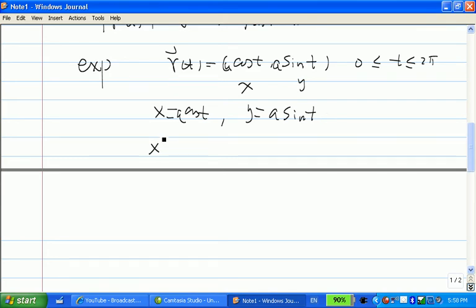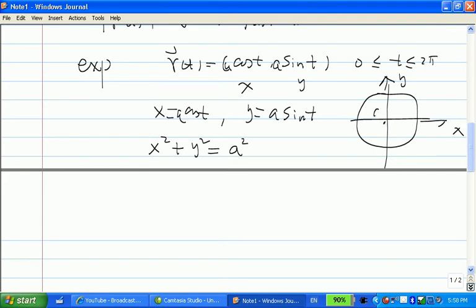So if you square both sides, you are going to end up with x squared plus y squared equal to a squared, which, as you know, gives you a circle with the origin as the center and a as the radius. At t equal to 0, it gives you this point.